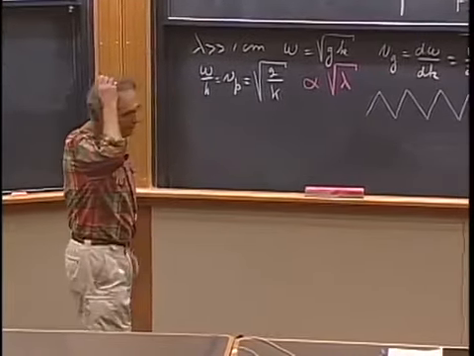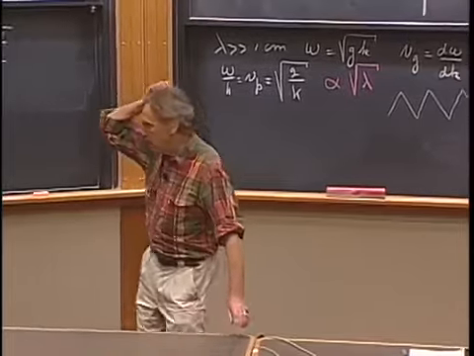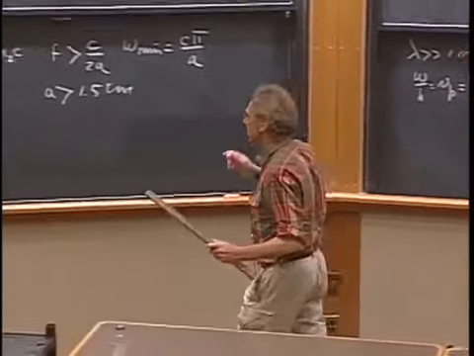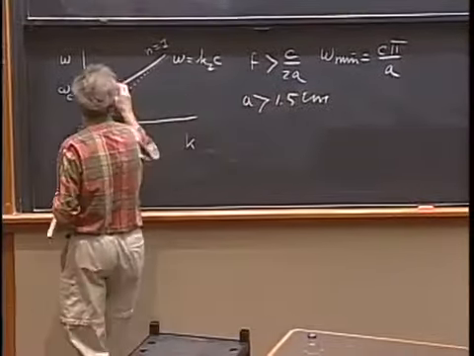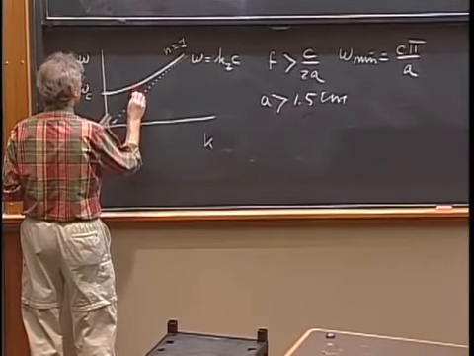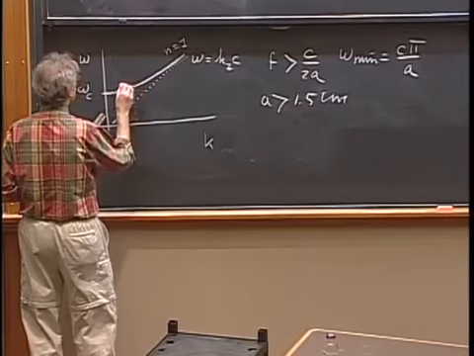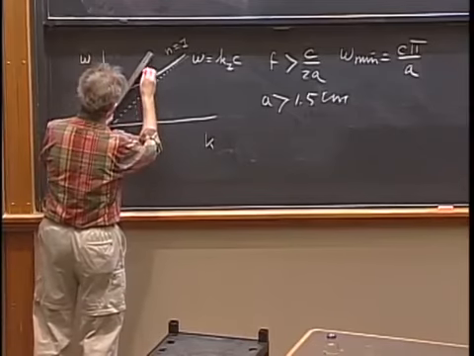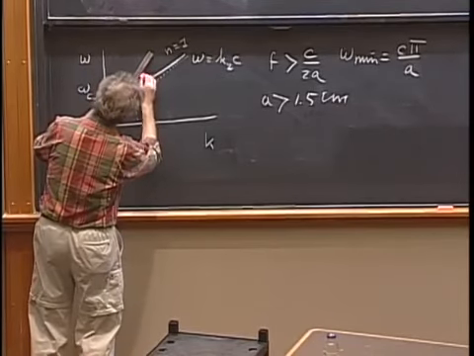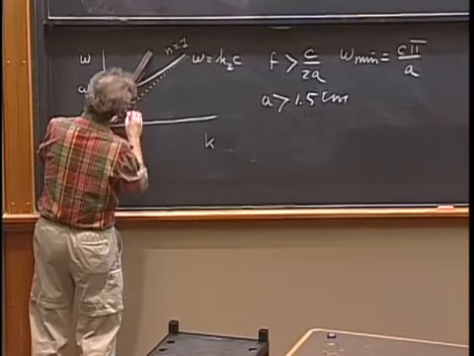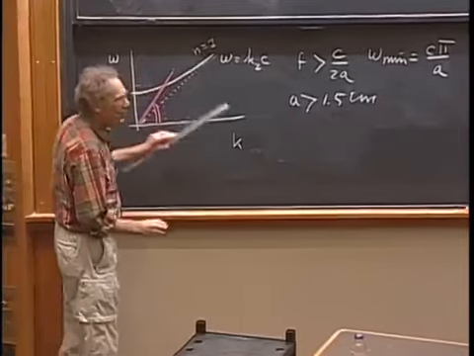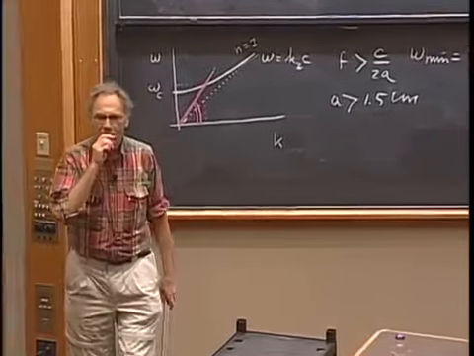So what now is the phase velocity, for instance, at this frequency, so that has this value for k? Well, it's this. This slope is larger than this one. It's higher than the speed of light.